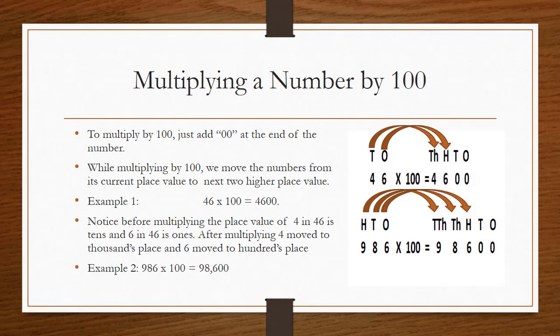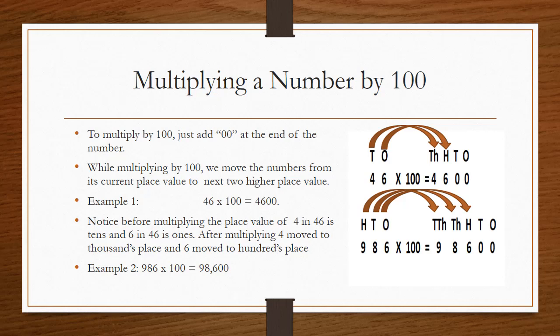Multiplying a number by 100. It's just adding 2 zeros at the end. The rule is the same as for 10, but we add 2 zeros. Therefore, while multiplying by 100, we move the digits from the current place value to the next 2 higher place values.